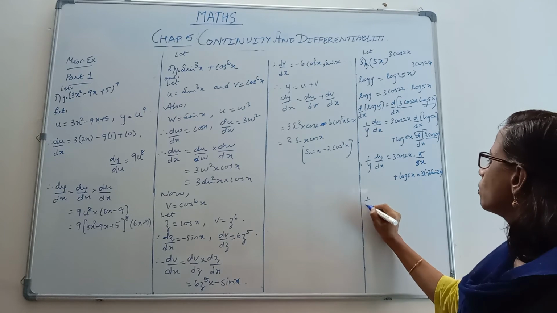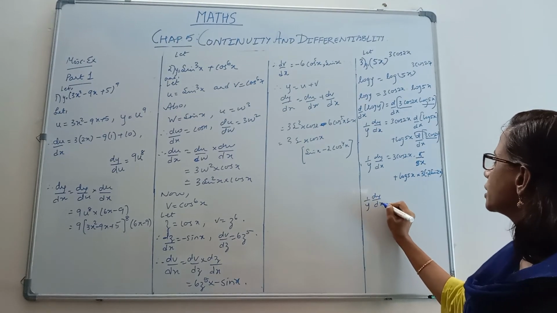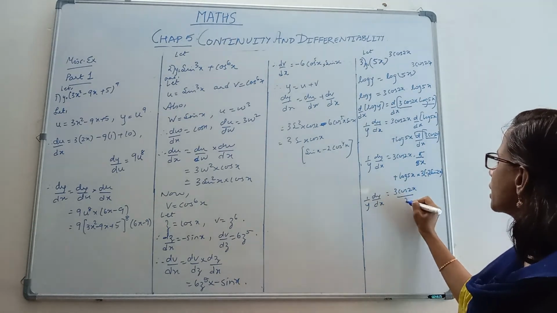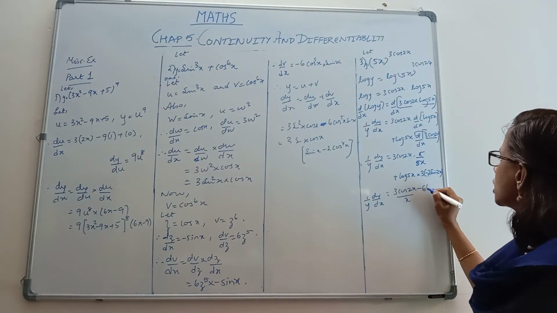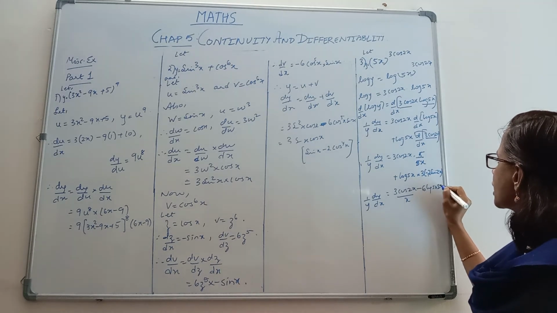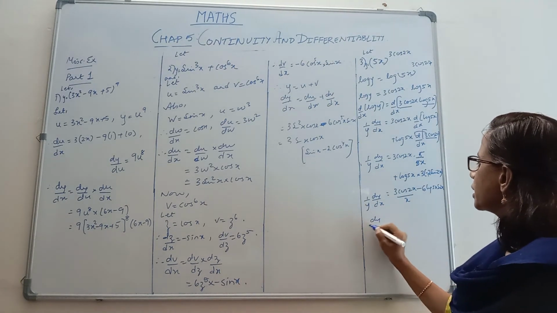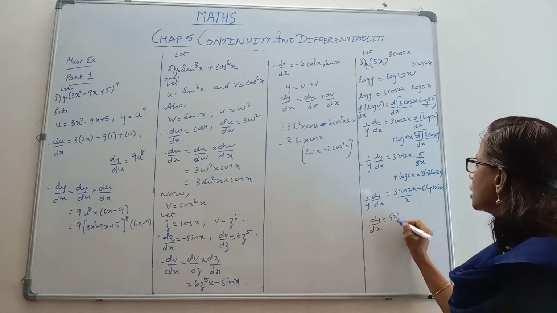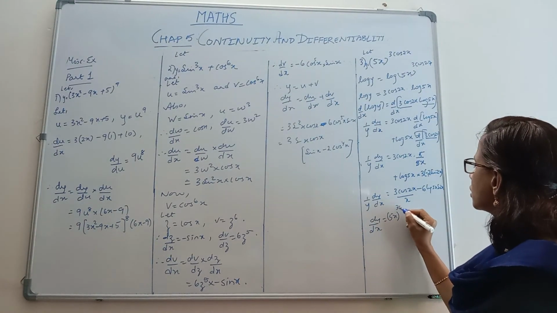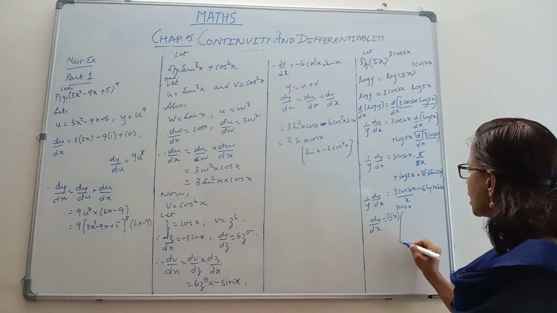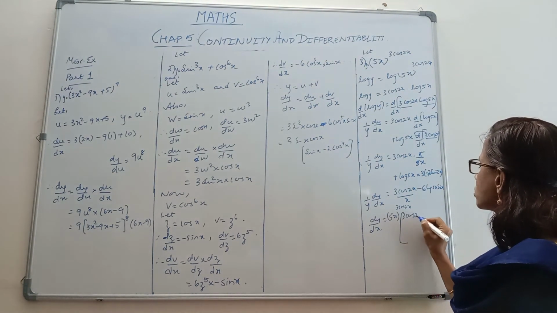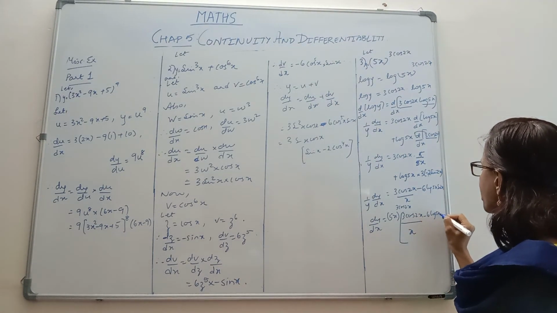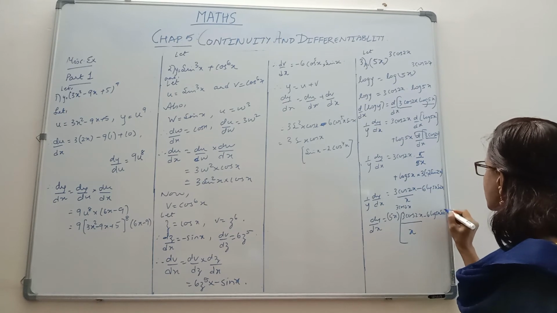So what will come here? 1 by y dy by dx is 3 cos 2x by x minus 6 log 5x sin 2x, and the y can go there. It is (5x) raised to 3 cos 2x times (3 cos 2x by x minus 6 log 5x sin 2x).